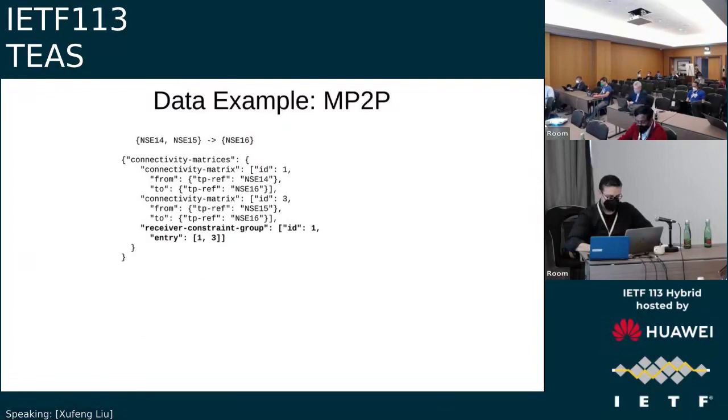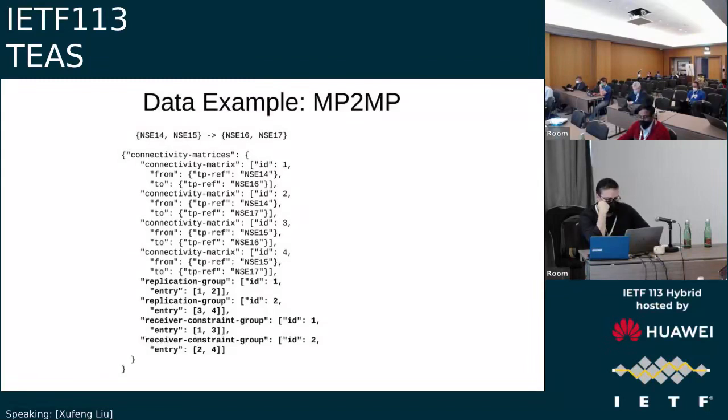Similarly, for the MP2P, here we have two constructs, 1 and 3, and we put them into a group. So we know at the receiver side, we have certain constraints. So with those two simple modeling augmentations, we can achieve all types of communications.